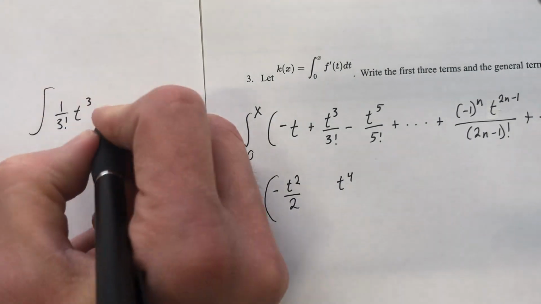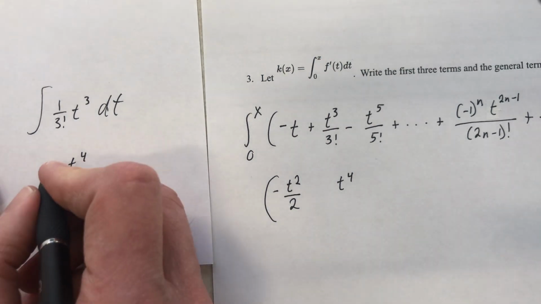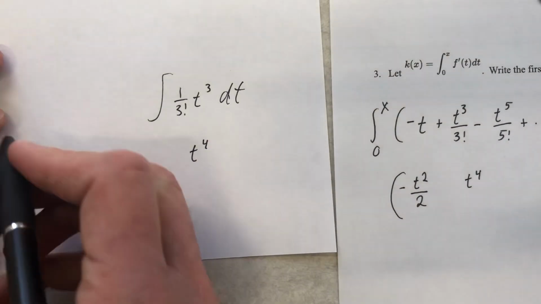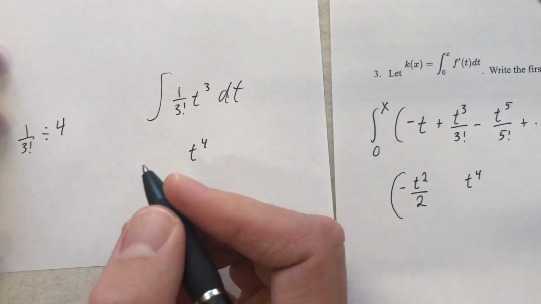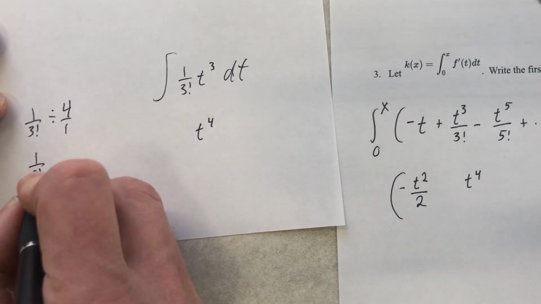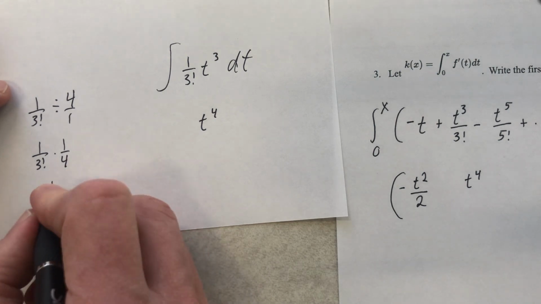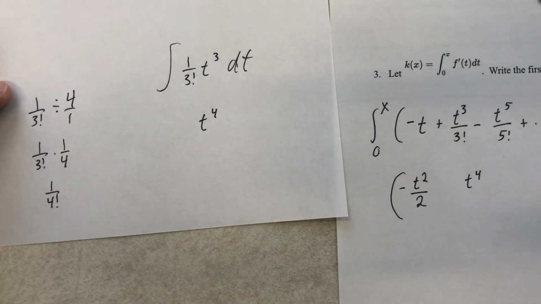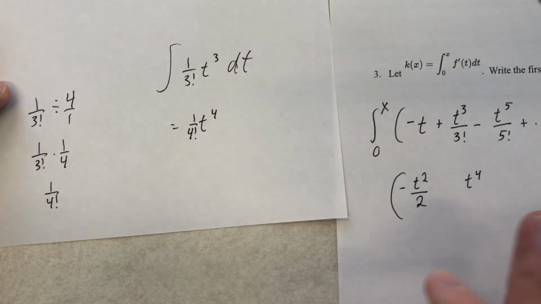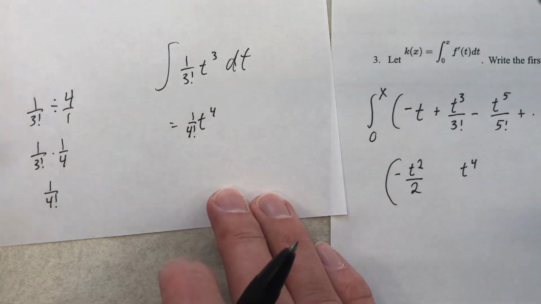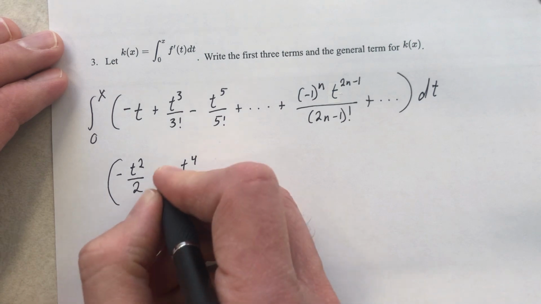We're going to add 1 to the exponent and then do old coefficient divided by new exponent, which really gives me 1 over 3 factorial times 1 over 4. Well, this is 4 times 3 times 2 times 1. That's what I get, and plus c in this context, but we're having a definite integral here. All right, so this is t to the 4th over 4 factorial, and it is positive.